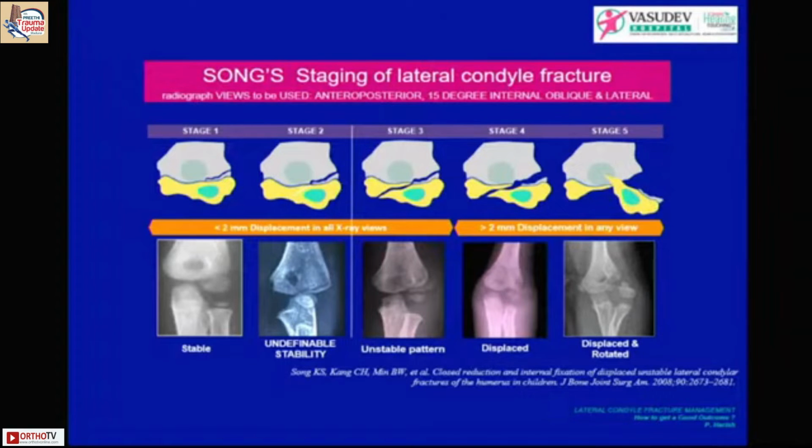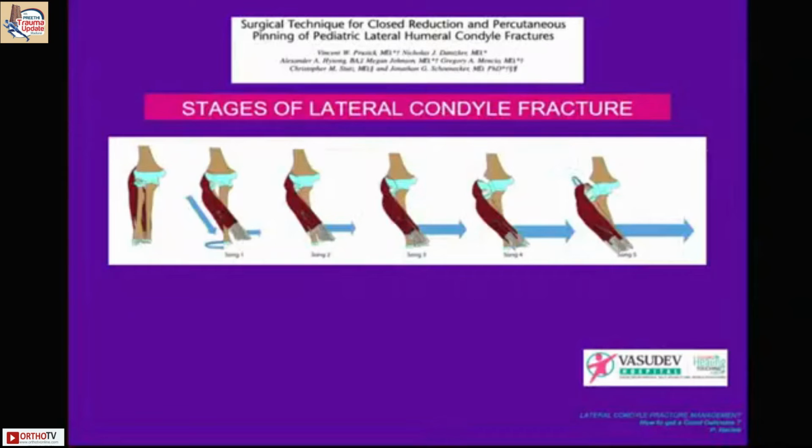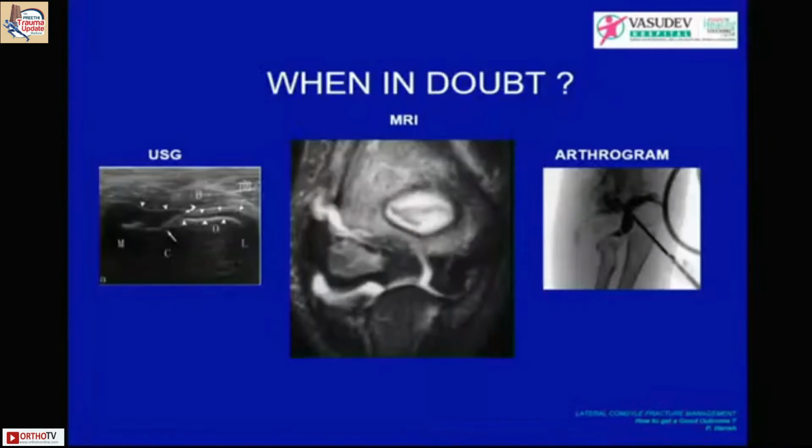It is sometimes very difficult to assess these stages on an X-ray. These are diagrammatic descriptions of how these stages progress. So whenever you have a doubt, don't hesitate to get an additional investigation, especially an MRI, or an arthrogram, which you can get when the child is under anesthesia.